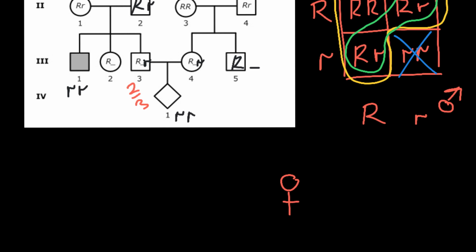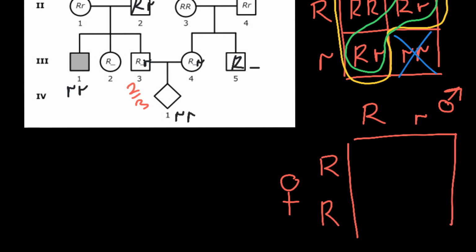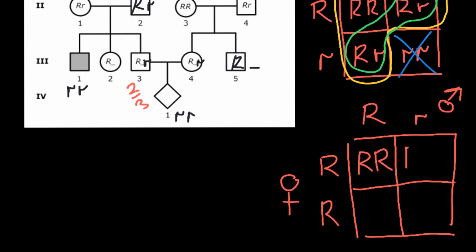And the mother's genotype, as you see, is capital R, so capital R, and as a result of such a cross, we can expect in the progeny the following genotypes: capital R here, capital R, small r here, capital R here, and capital R, small r here.